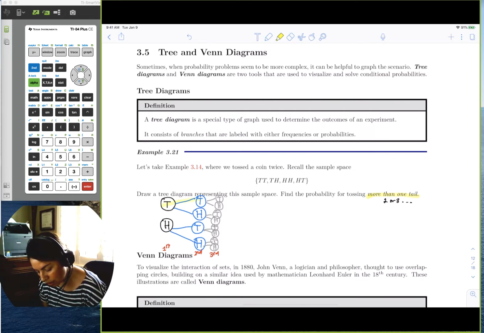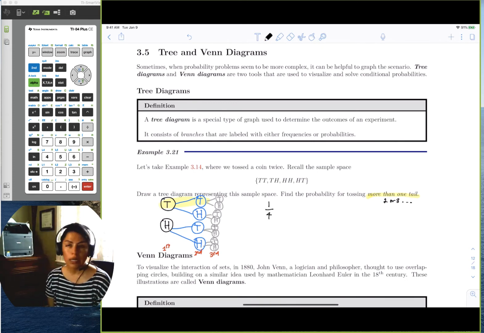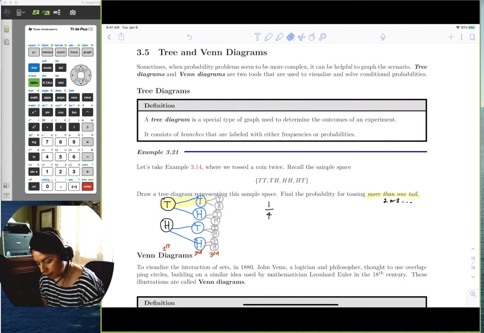Here, tails, tails; tails, heads; heads, tails; heads, heads. Nothing more than once. It has to be twice, which would be right there, tails, tails. And then we would see that only happens once out of the four outcomes in my sample space.